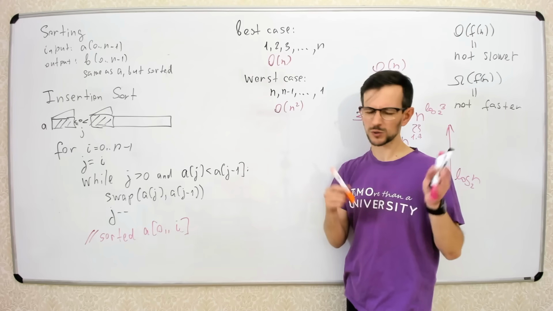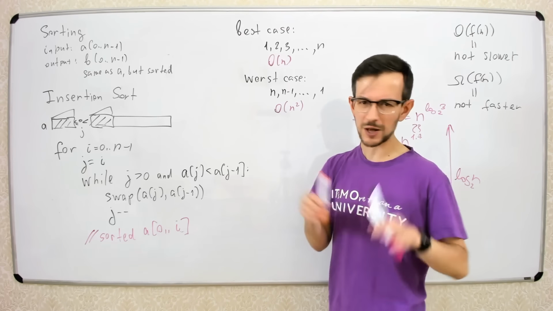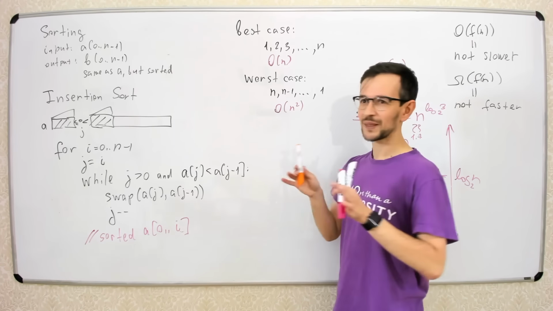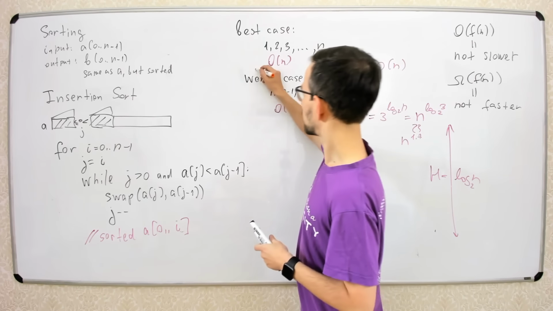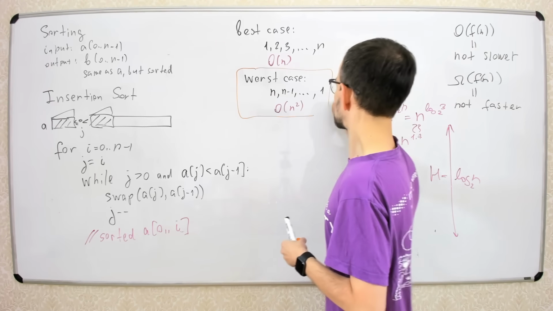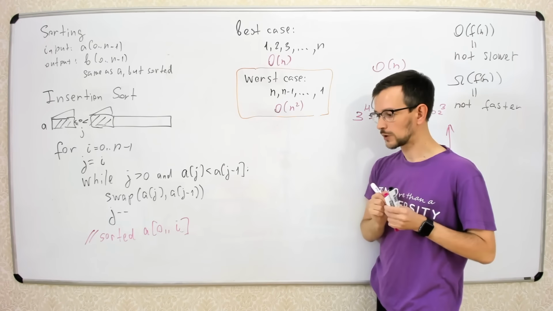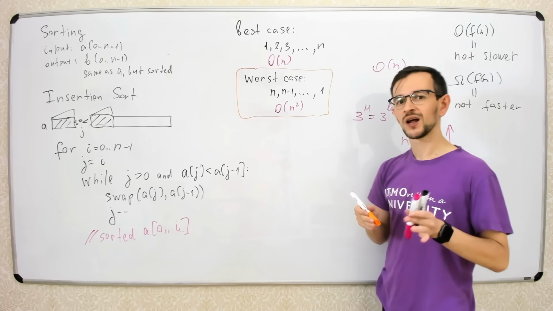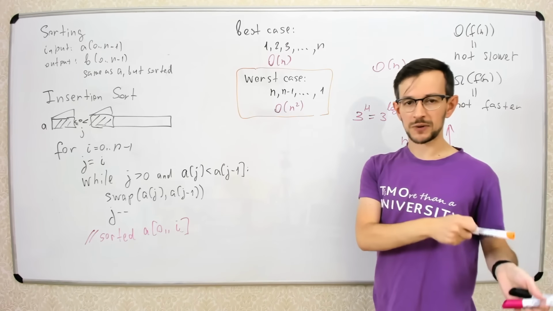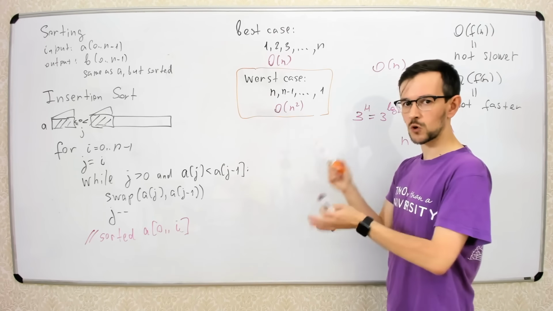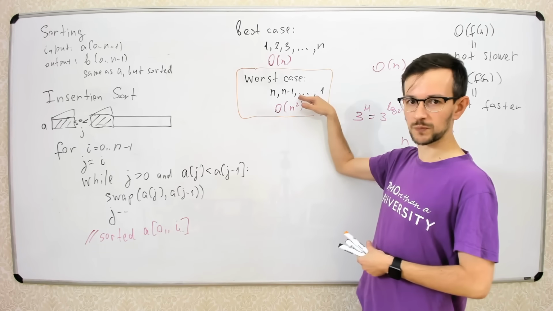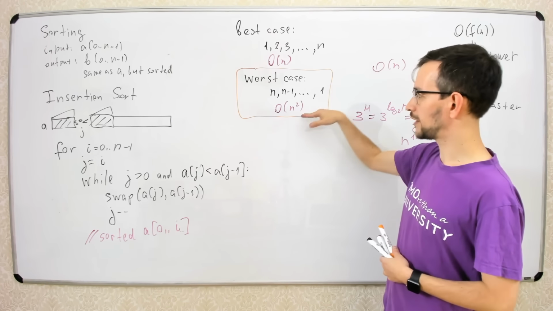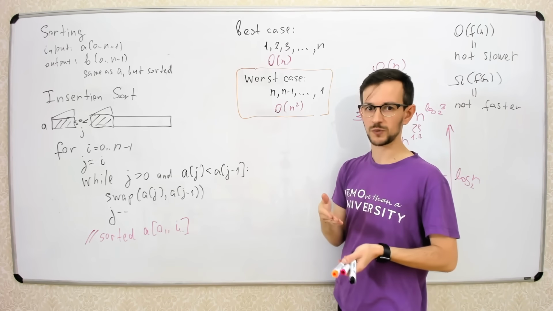For some algorithms it will be different, but most of the time we will talk only about the worst case. So if I don't specify otherwise, when I talk about the time complexity of an algorithm, I talk about the worst time complexity. So we find the worst possible input and calculate the time complexity on this worst possible input.